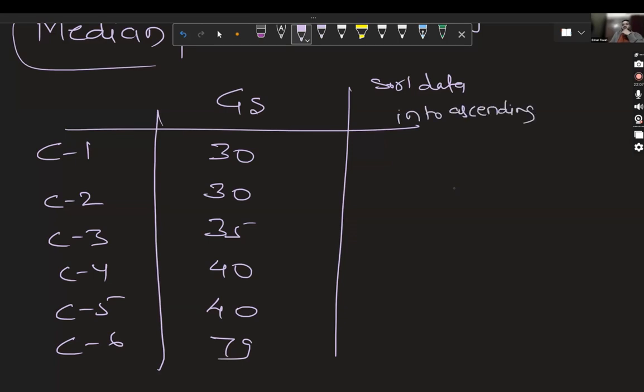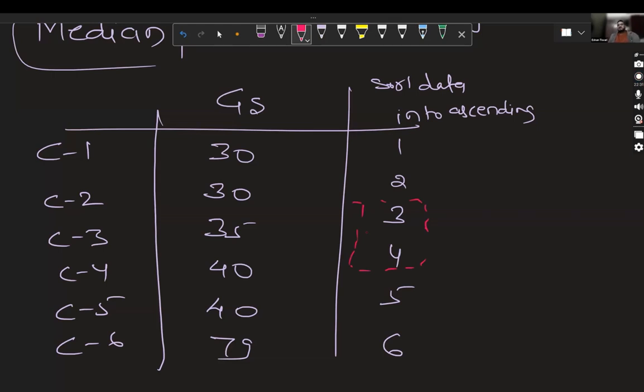In this situation, our data is already sorted. The second thing is we take the middle value. How many data points do I have? 1, 2, 3, 4, 5, 6. Now which one should we call the middle value, 3 or 4? Because both lie in the middle.